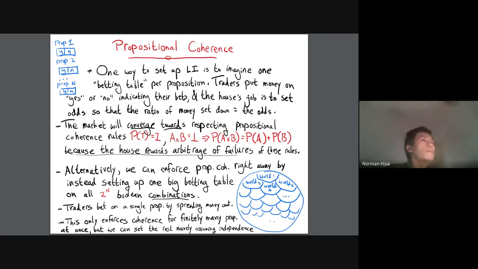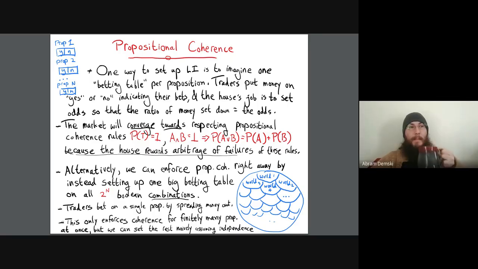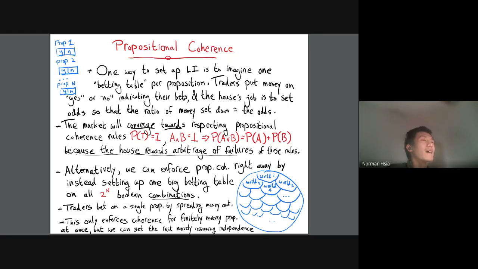And yeah. So I'm not sure. I understand that this is the usual function of the house, but I don't understand how this relates to the logical induction criterion, in that no trader is guaranteed to have unbounded profit.